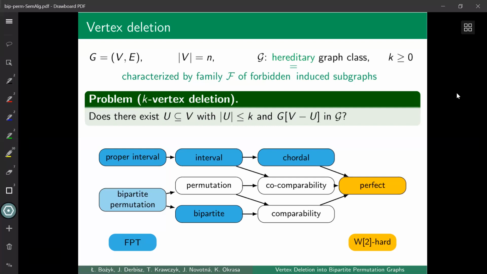And what is particularly good to know here is that if our forbidden class is finite, then we always have an FPT algorithm, right? Because if we have a finite class of forbidden graphs, then we can do branching, right? Branch out every possible occurrence of our forbidden structure.